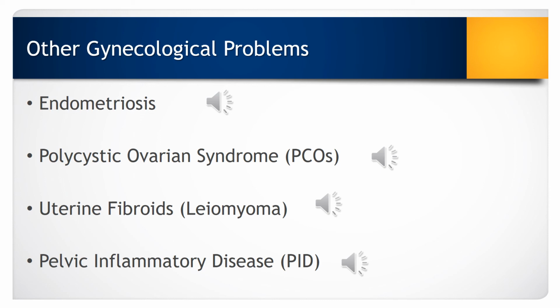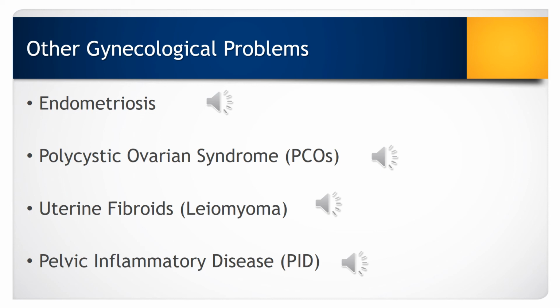And so women with PID are at high risk for infertility issues, and also ectopic pregnancy, which is a pregnancy where a fertilized egg is implanted in the fallopian tube, as opposed to in the uterine wall.